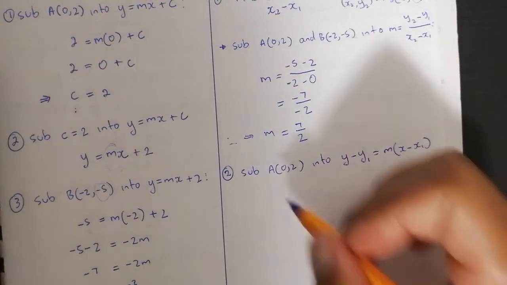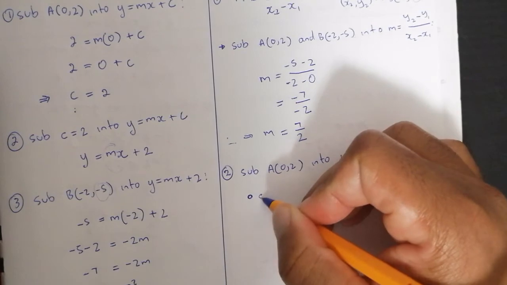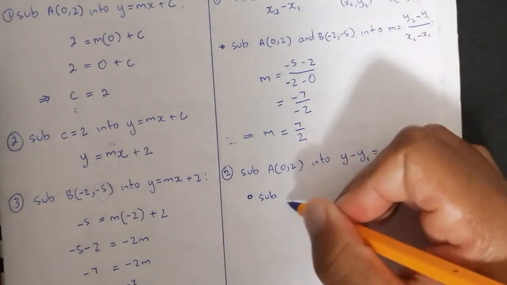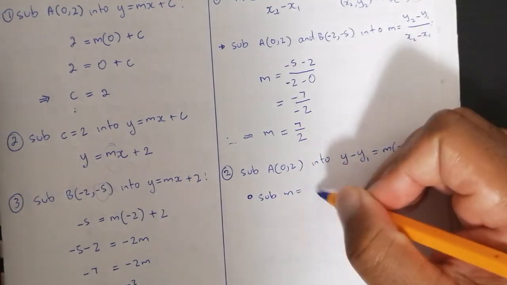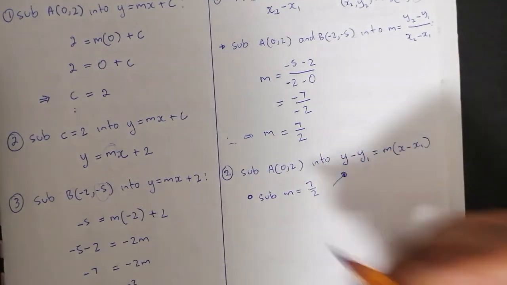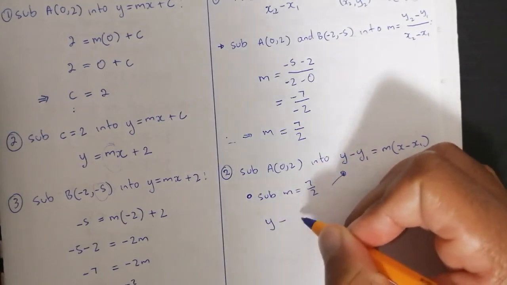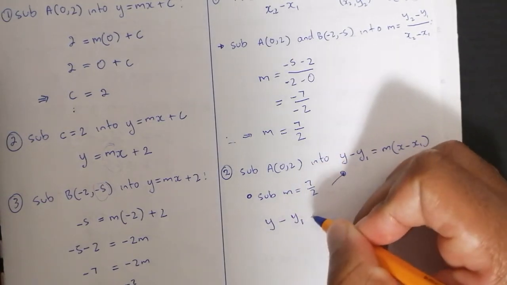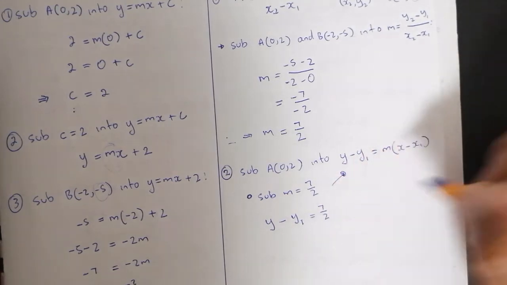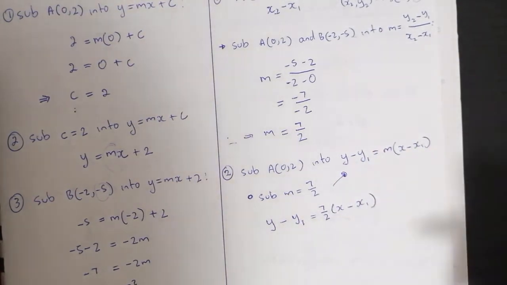So before I even go there, firstly I need to substitute, sorry, I forgot to sub m equals 7/2 into this formula. So firstly we have y minus y1 equals 7/2 x minus x1.